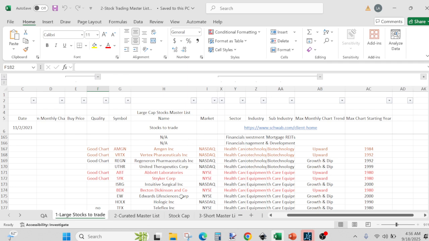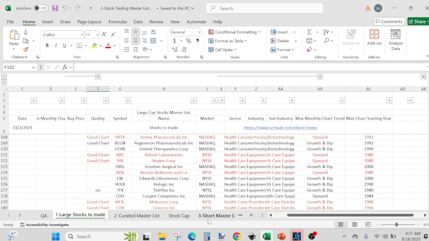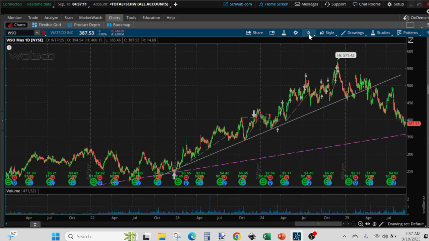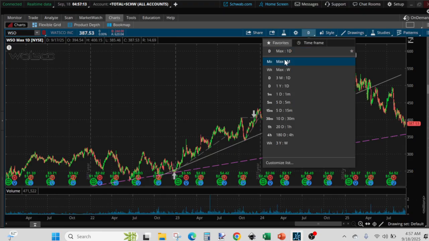You could easily start with 2,000 stocks, just on market capitalization. We narrowed it to about 300 or so, and from there we analyze them using the Thinkorswim platform, using the maximum monthly chart.